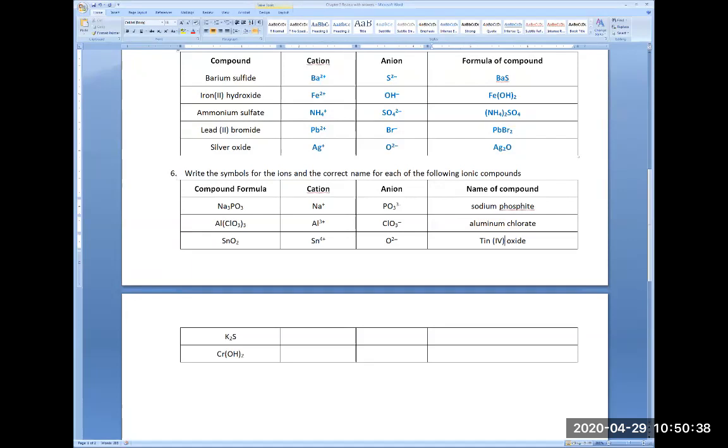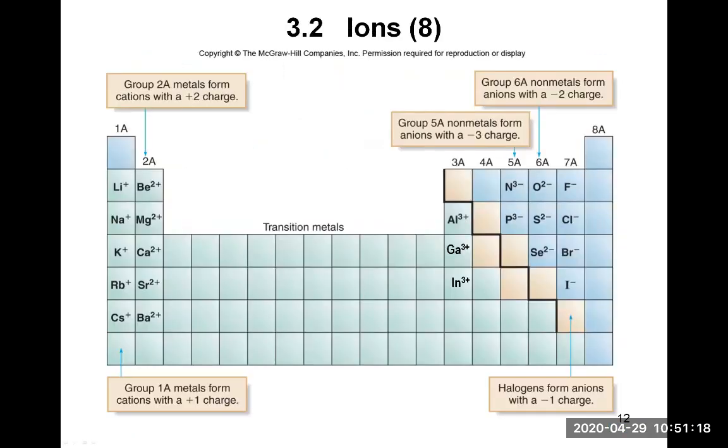So hold on, I will look for the slide. This shows the periodic table with the predictable ions, those that you can identify, or you can find the symbol from the position in the periodic table.